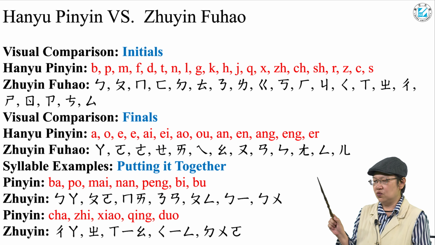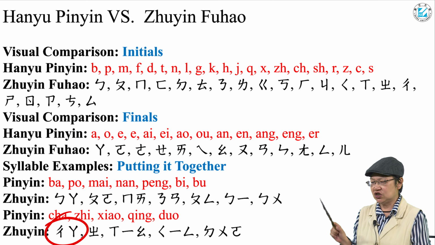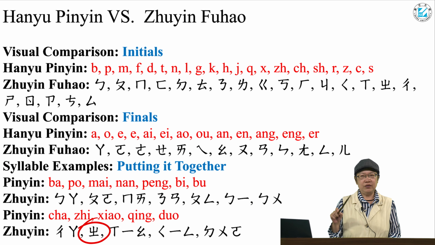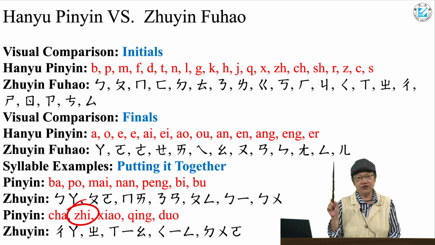And also we have cha, and also this zh sound. Remember, zh is one of the rolling tongue sounds, and if you only pronounce zh, you have to add i, so it's zhi in terms of 汉语拼音.